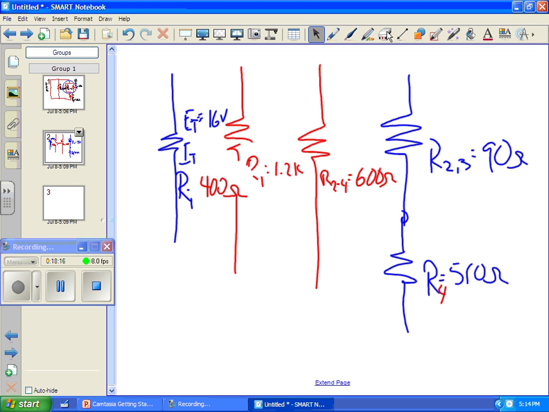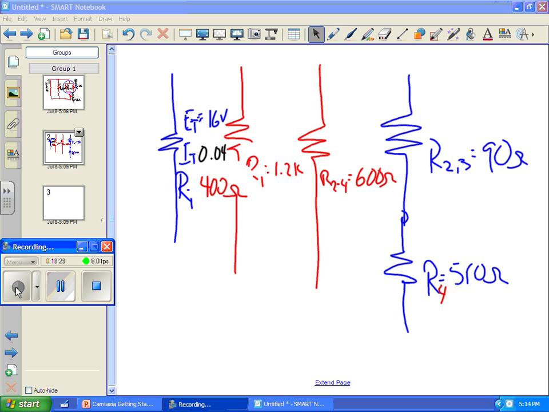Okay, so now we have a simple problem of finding our total current, and we can see that 16 divided by 400 is going to be a very small number. So we have 0.04 even, and that is 40 milliamps. So we can come back into this parallel branch, the last simplification here in red that we did.